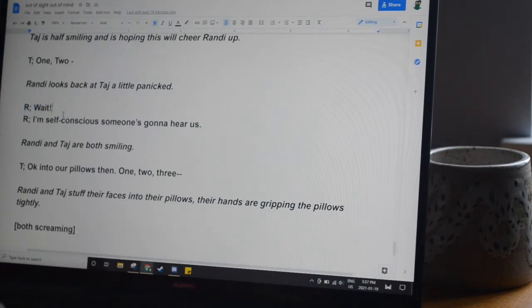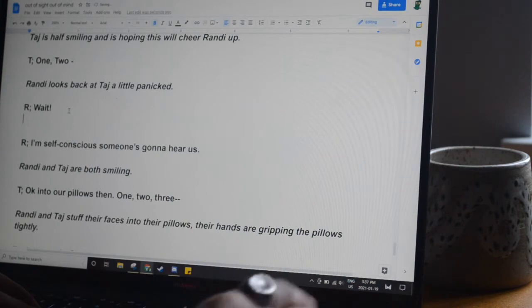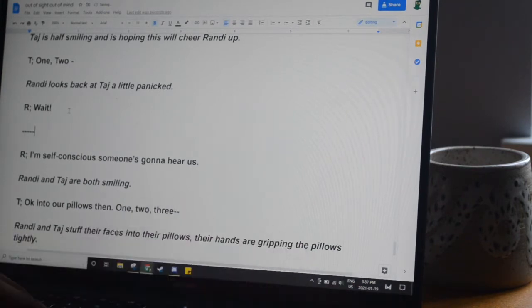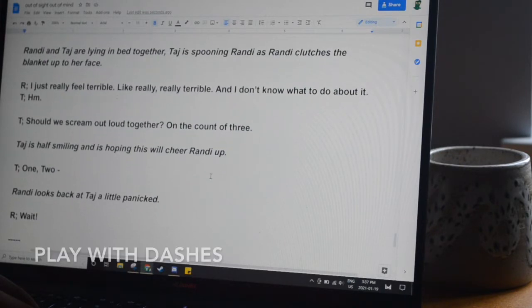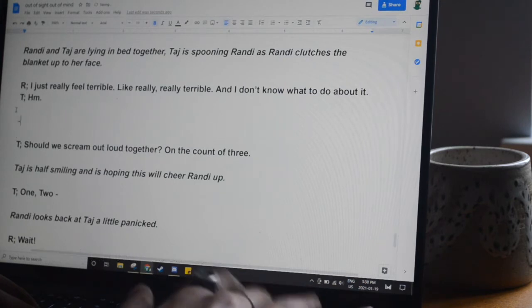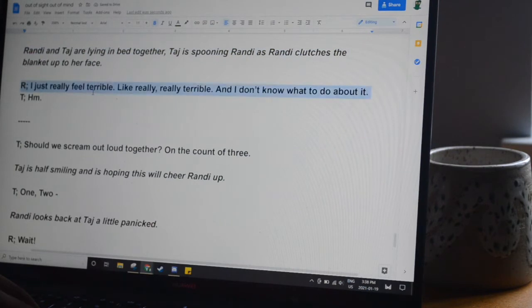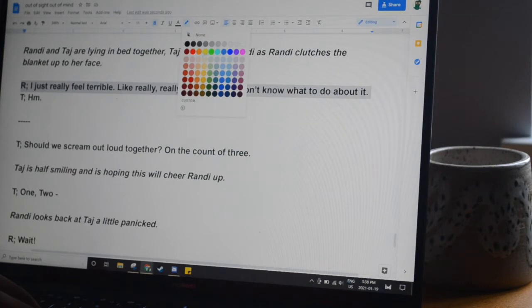And there's other ways that you can do that. Another way I like to do that is to maybe enter a couple times, and you can put some dashes in between, and that kind of helps to visually separate those parts. Or same here, I could do that here too. You can also use some visual tricks like I can highlight all the parts where Randy is talking.